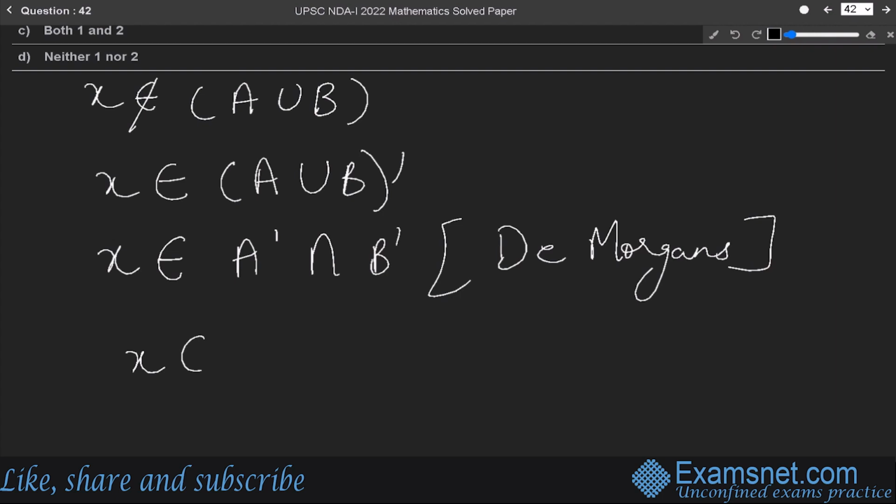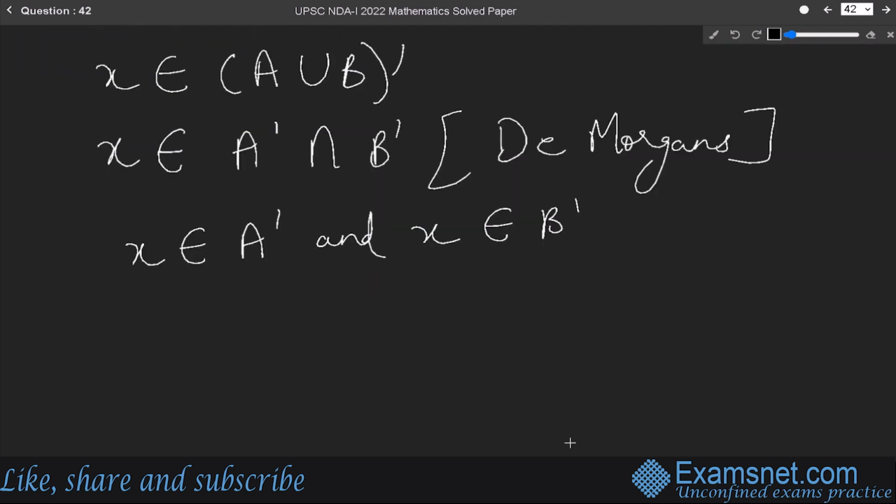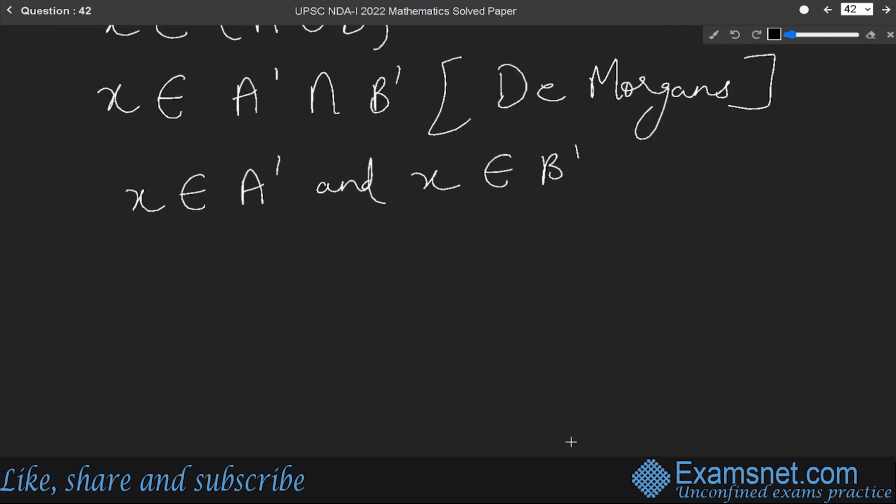It means that x belongs to A complement and x belongs to B complement. Since x belongs to A complement and B complement, x will not belong to A, and also x will not belong to B, because it already belongs to the complements.